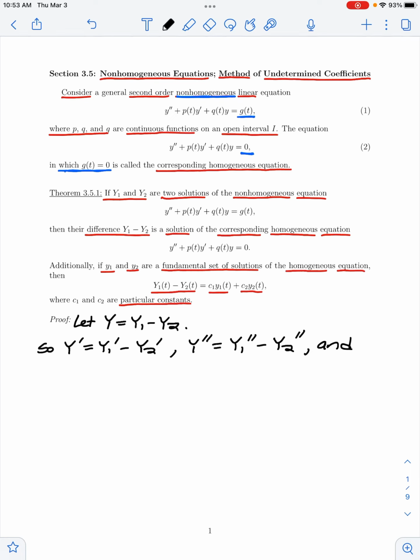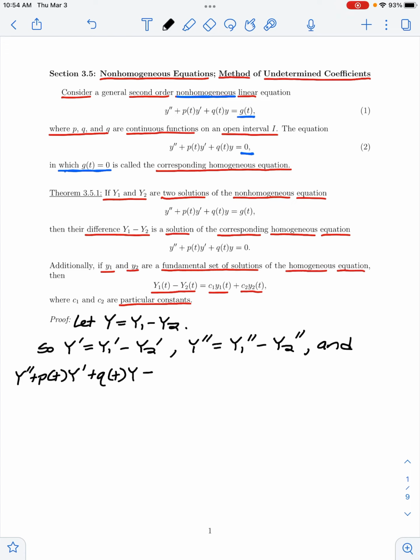And so if I substitute these expressions into my differential equation, let's see what we have. We're looking for Y double prime plus p(t) times Y prime plus q(t) times Y. And I want to show that this expression will be 0, to show that I get a solution of the homogeneous equation.